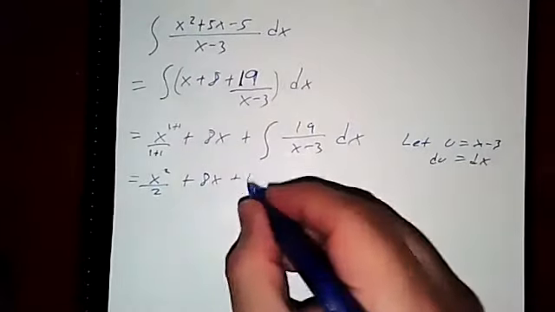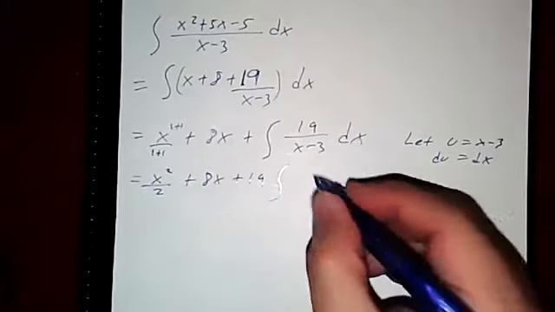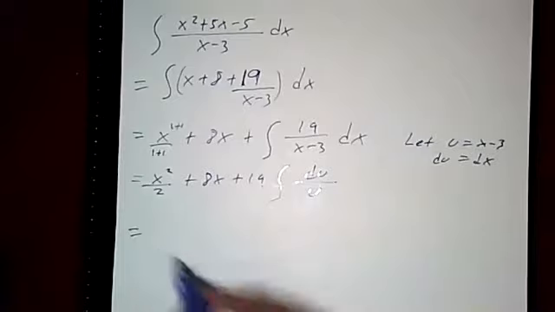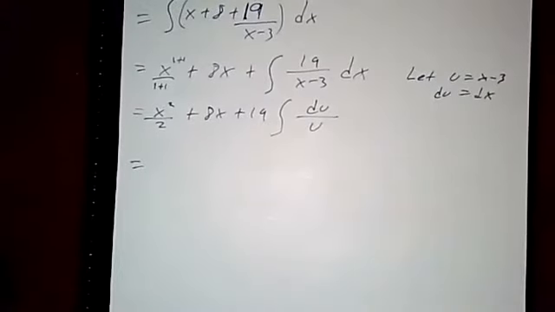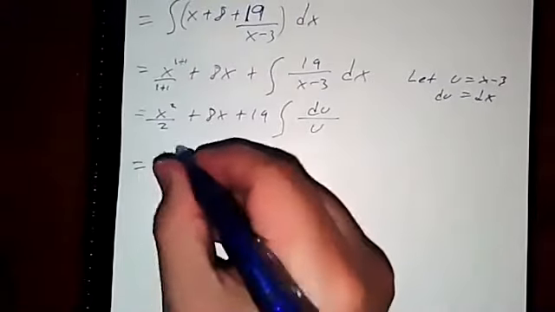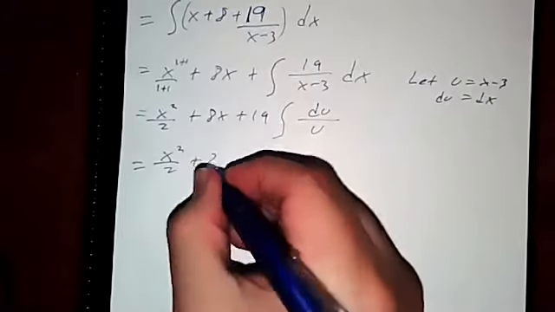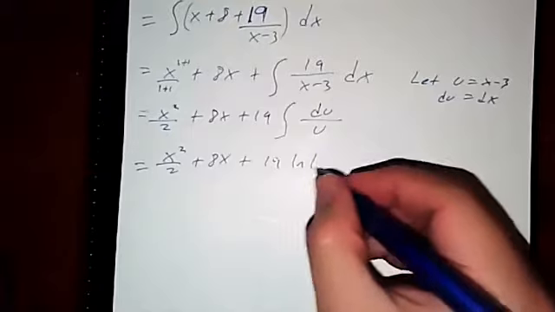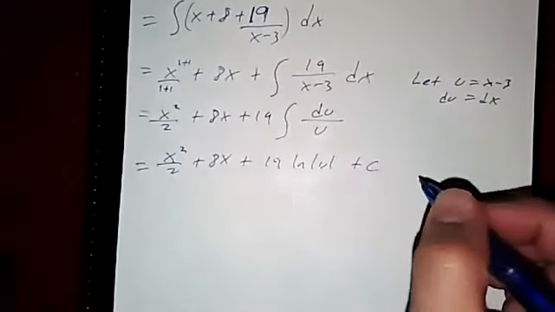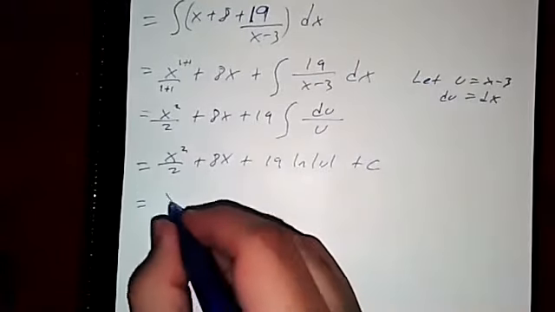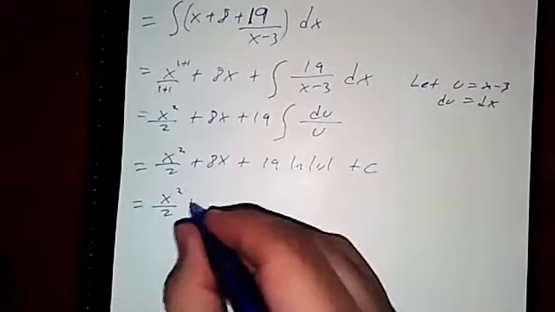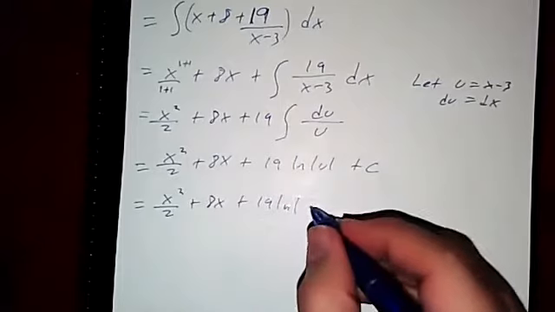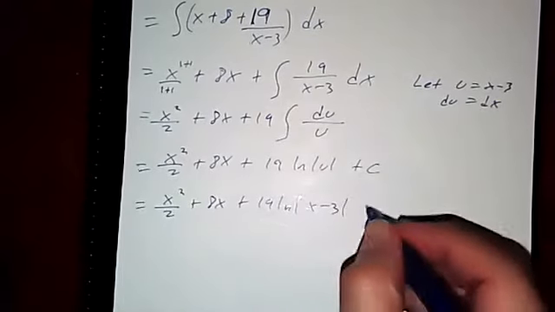So pull out the 19, do your substitution, and then integrate to find the ln thing. So that'll be 19 ln of u plus c. So that'll be x squared over 2 plus 8x plus 19 ln of x minus 3 plus c.